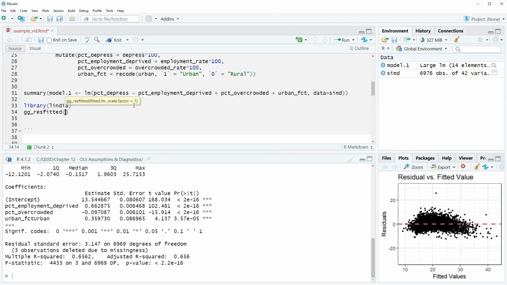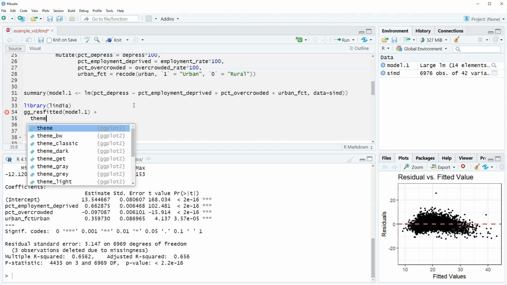What this does is give us a plot of the residuals versus fitted values. So we just do gg_resfitted, and then the model, model1, plus, we don't have to, but we're going to include a ggplot theme just so it's easier to see the results.